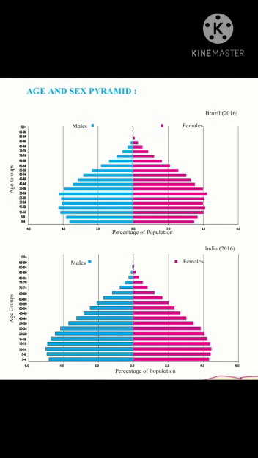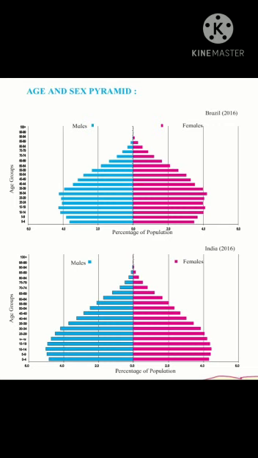This helps us to know the proportion of children, youth and old people in our country. In this pyramid, we can see that the number of young people is more in both the countries, but the proportion of children is more in India, while proportion of people in the age group of 80 years and above is more in Brazil.